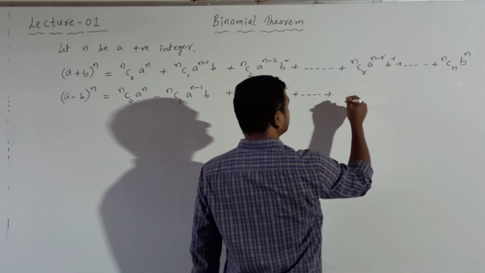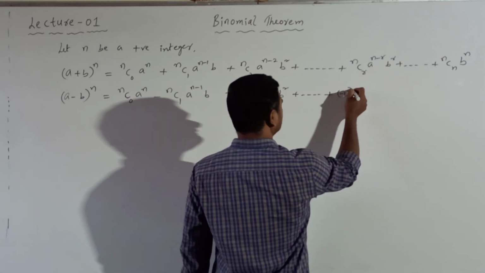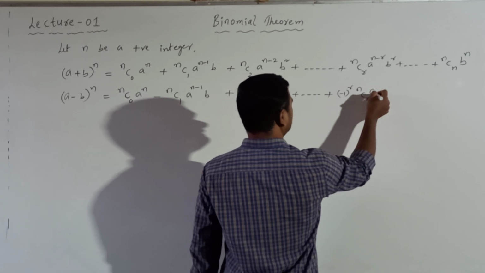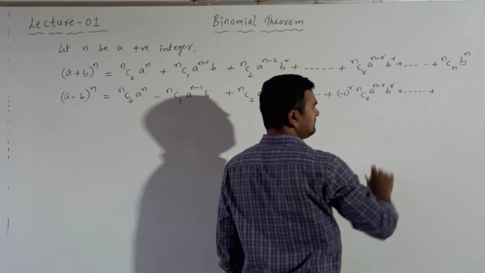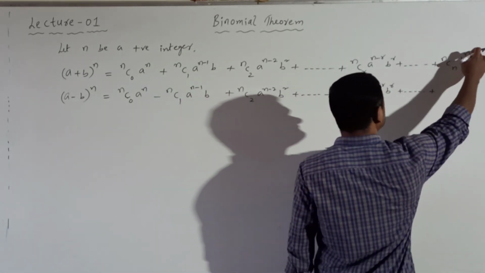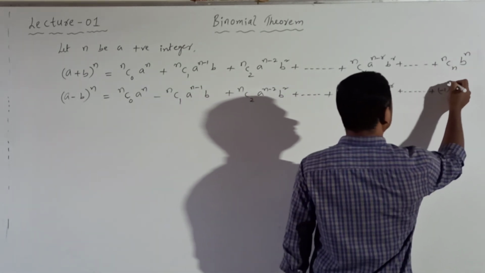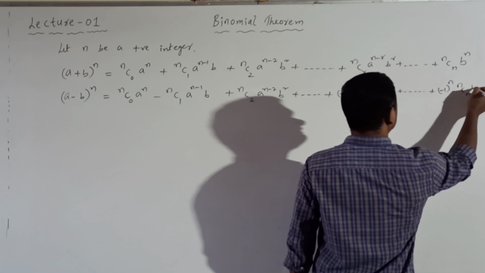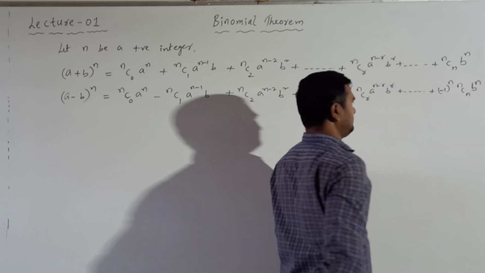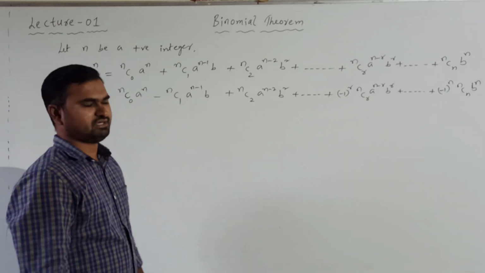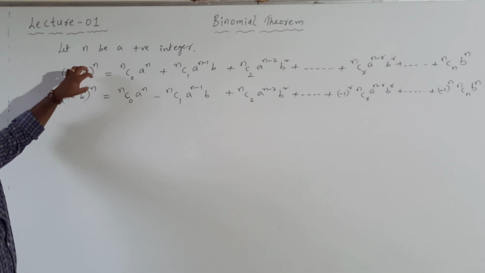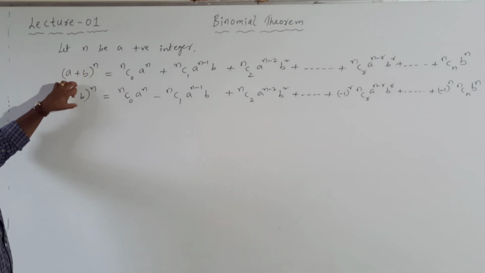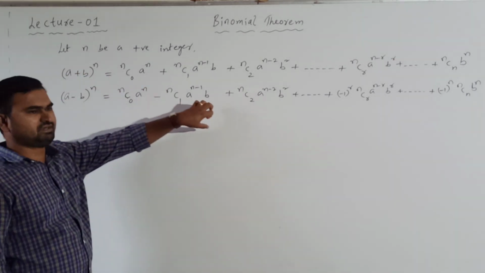The general term will be minus 1 power r nCr a power n minus r into b power r, and the last term (minus b) power n means minus 1 power n into nCn into b power n. So this is the expansion for (a minus b) whole power n. What we are doing is just replacing b with minus b, then we get the expansion.